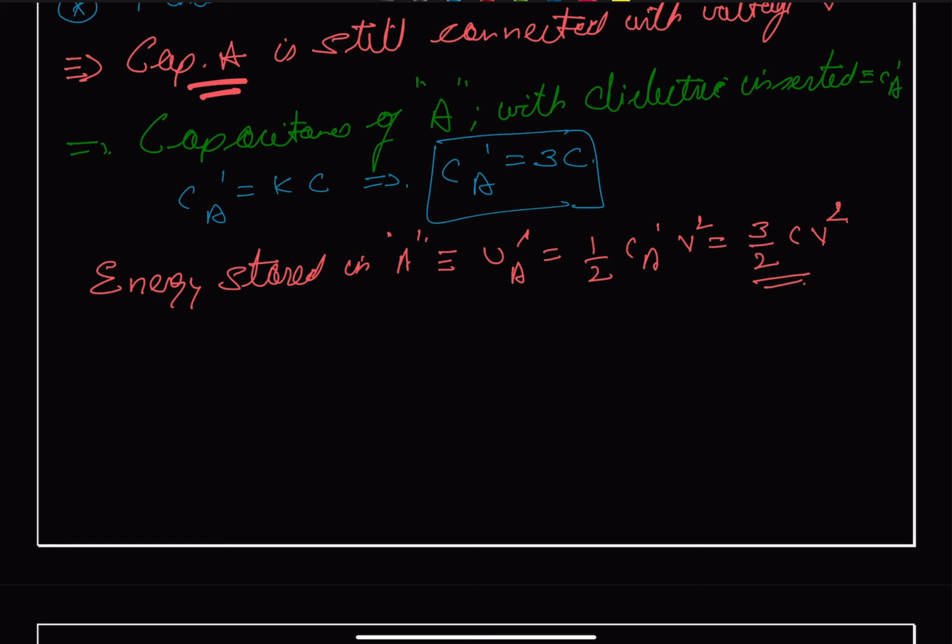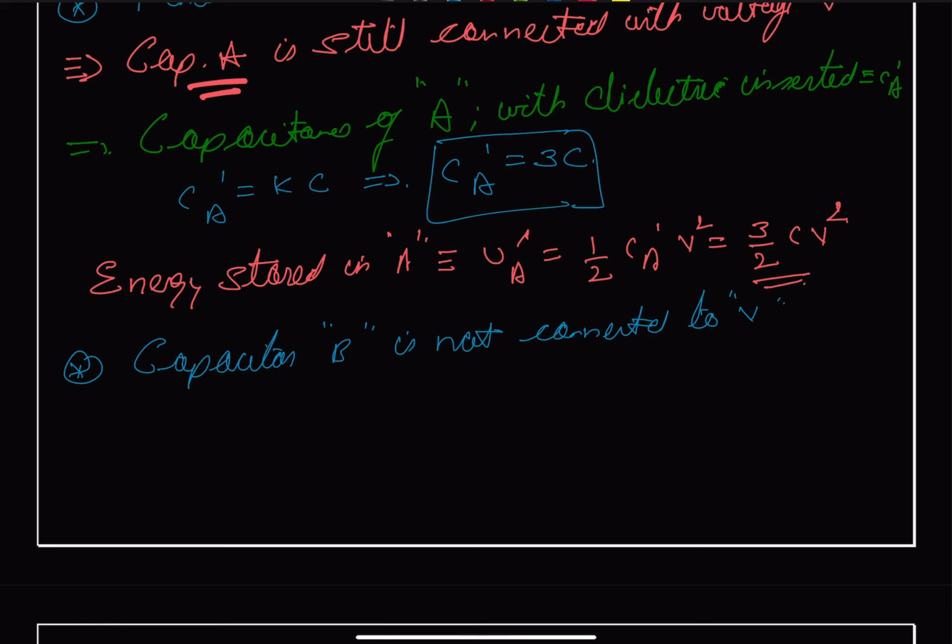Now capacitor B is disconnected from the supply voltage V, but the charge on capacitor B will remain constant.